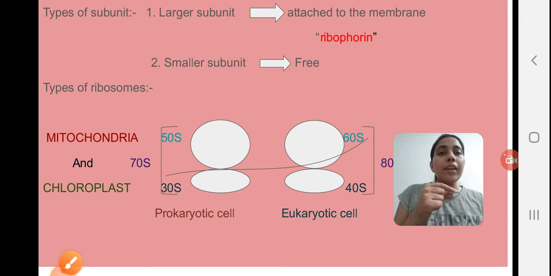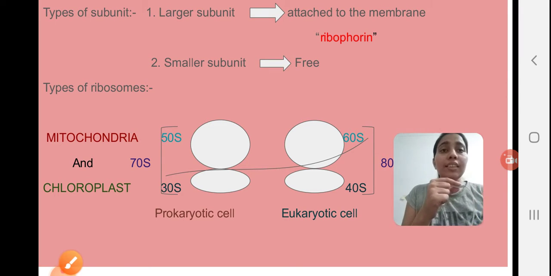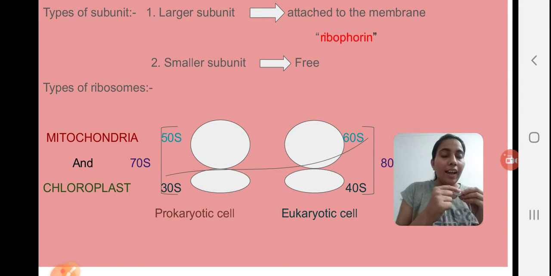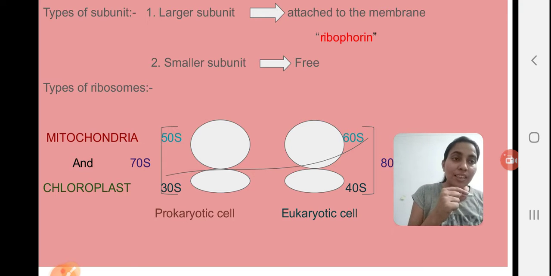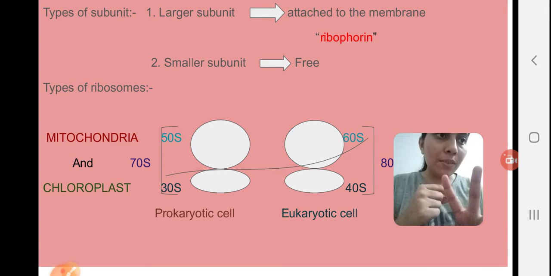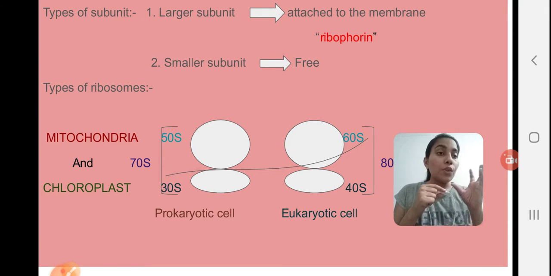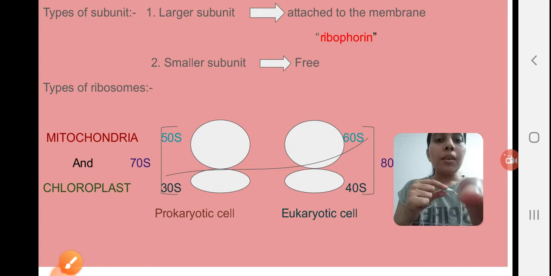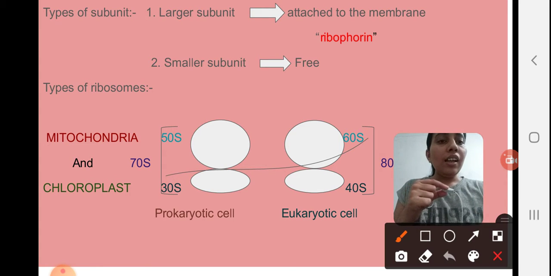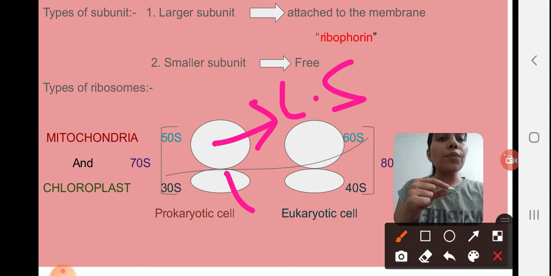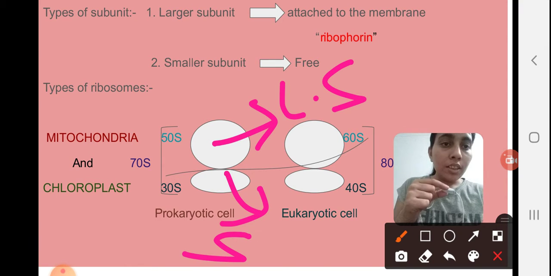Now we are seeing the types of subunit, and here we are going to see two types of subunit. First is the larger one, and the next one is the smaller subunit.